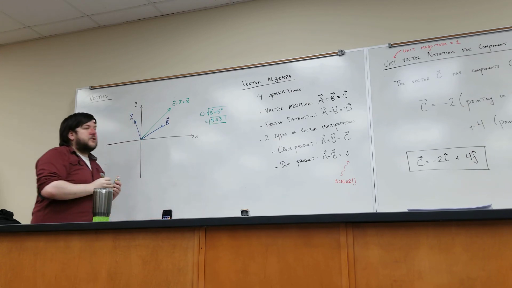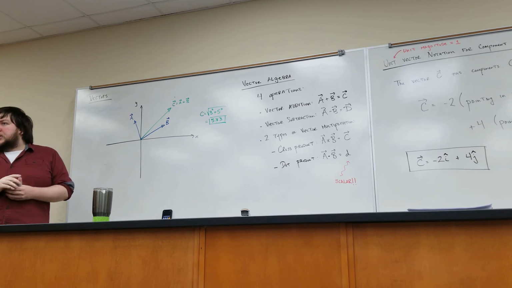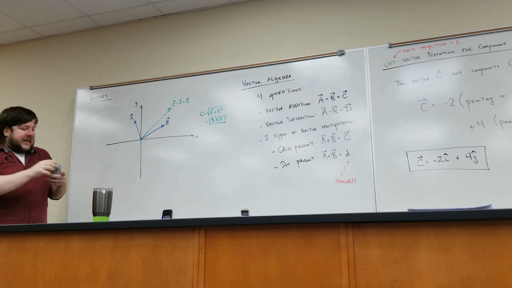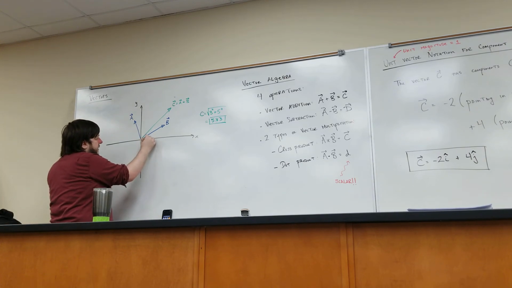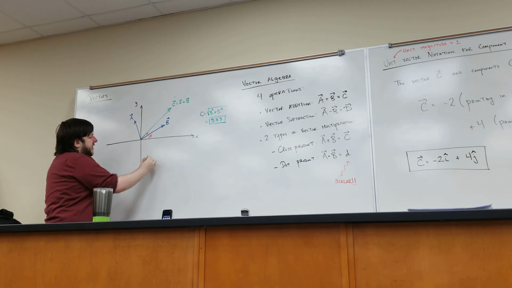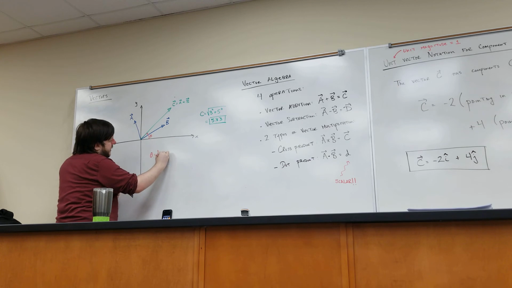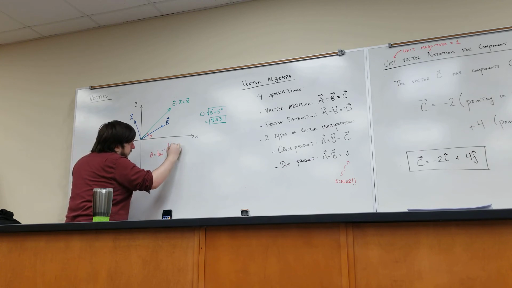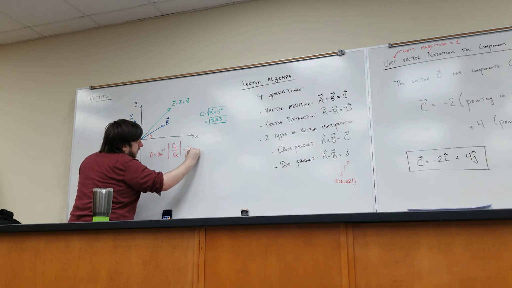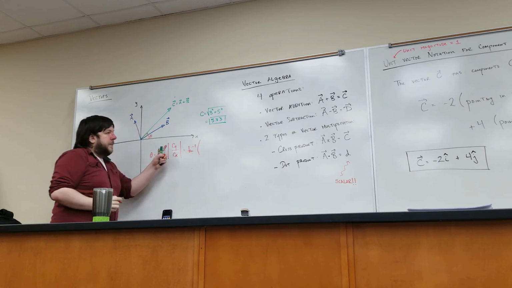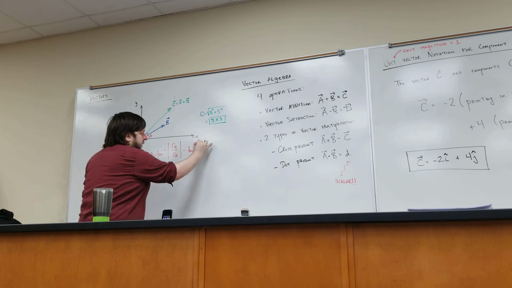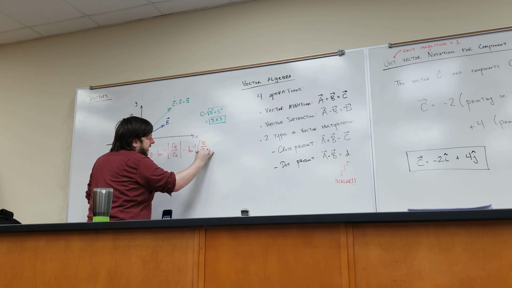And how will we find the direction of C? Always choose an angle to the nearest x-axis, which is this x-axis here. And theta is always going to be the tangent inverse of the absolute value of the y component over the x component. Y component of C was 5. The x component of C was 3.